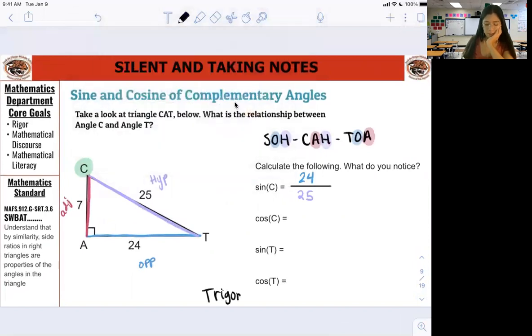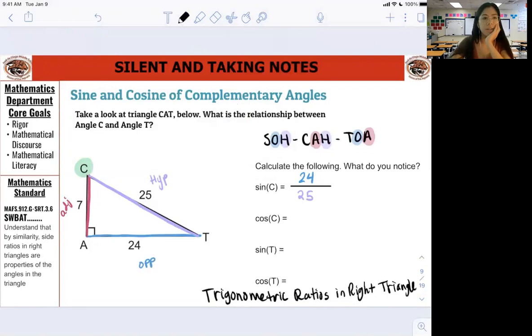Trigonometric Ratios in Right Triangles. Trigonometric ratios in right triangles. Go on Khan Academy right now. Look for that assignment.